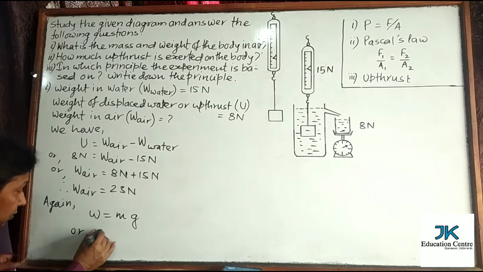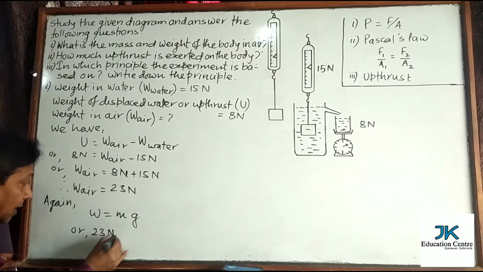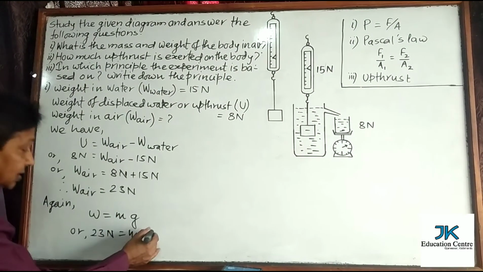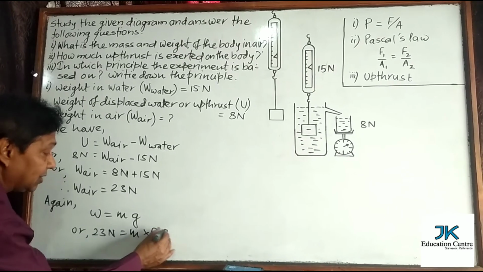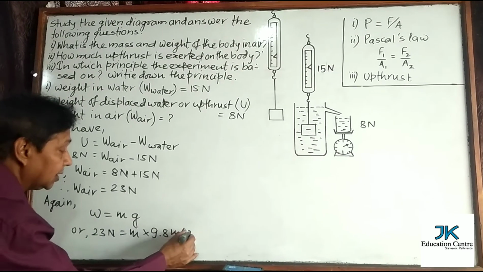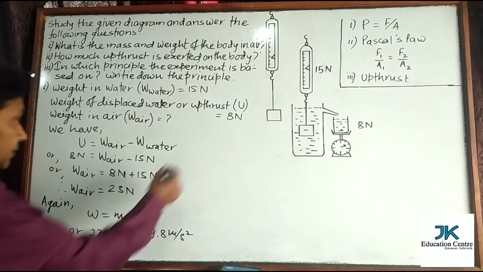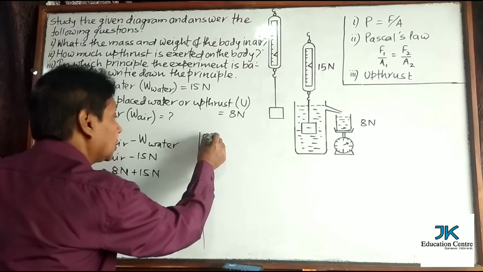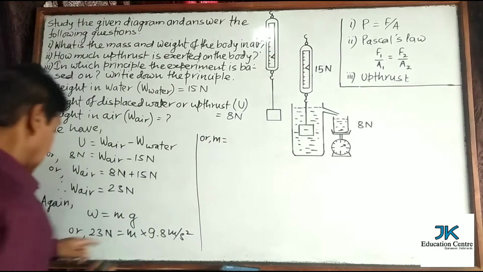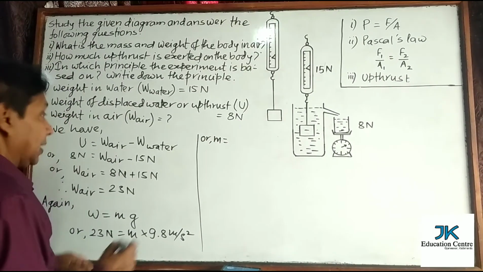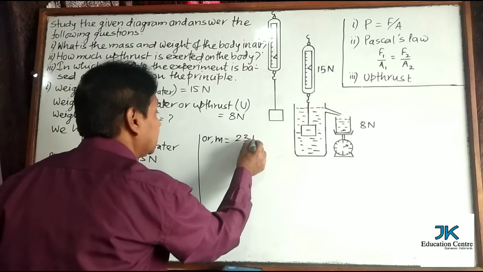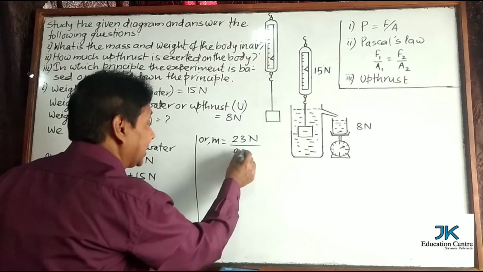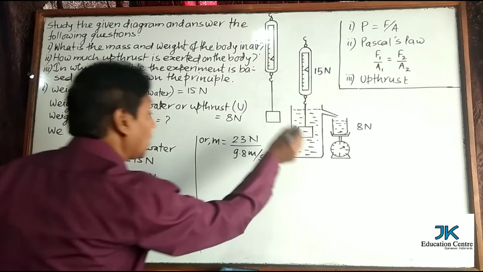Weight we know, 23 Newton, and mass we are going to calculate, and the average value of g can be taken as 9.8 meter per second square. It was taught in the first chapter. Okay, I am continuing. Now mass m is equal to, when this goes to the left hand side, 23 Newton divided by 9.8 meter per second square.